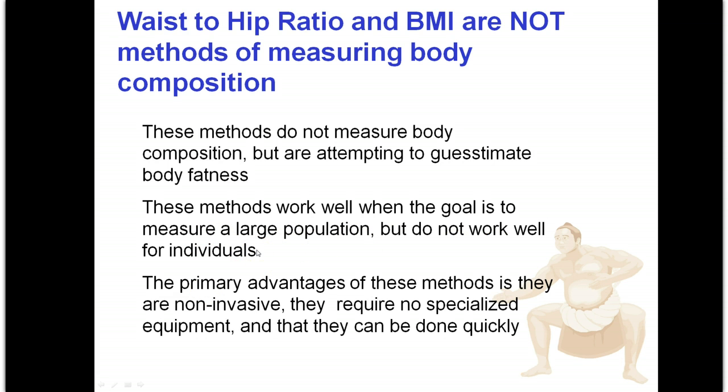So let's say we have an example. Let's say we have 1,000 community college students that we want to measure. Okay, and we really don't have time to do more invasive techniques on these people, so we just do body mass index, or we do waist to hip ratio, because it's very, very easy.